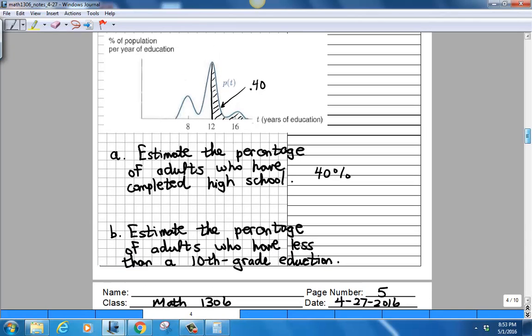So let's see the percentage of adults who only have a 10th grade education or less. All right, so right here between 8 and 12 on our horizontal axis is going to be 10, right? And so we're interested in the area beneath the curve from the left-hand side up to 10, or in other words, this little piece of area.